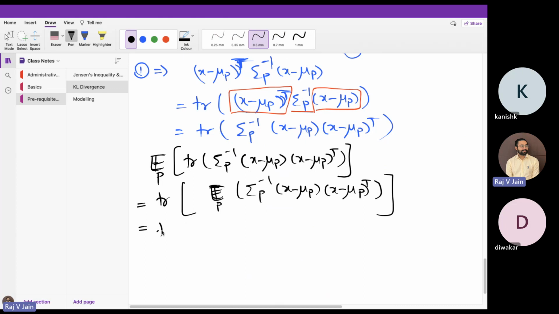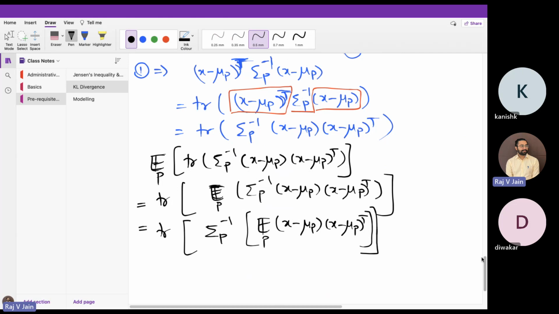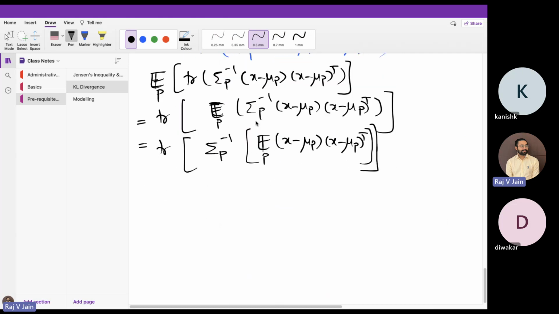So now we'll do a bit of jugglery here, and this can be written as sigma p inverse into this expectation of this quantity, expectation over p. This is because sigma p inverse doesn't depend on the probability distribution. It is known, it is fixed for the p of x that we have.